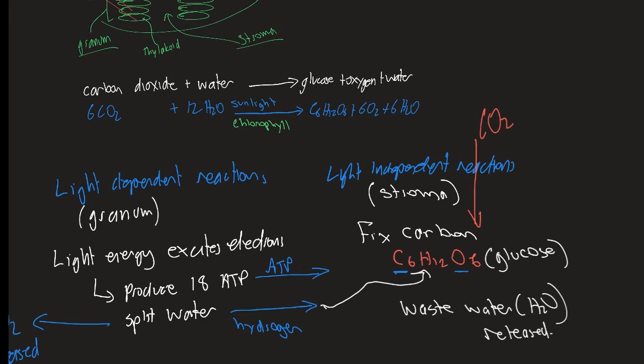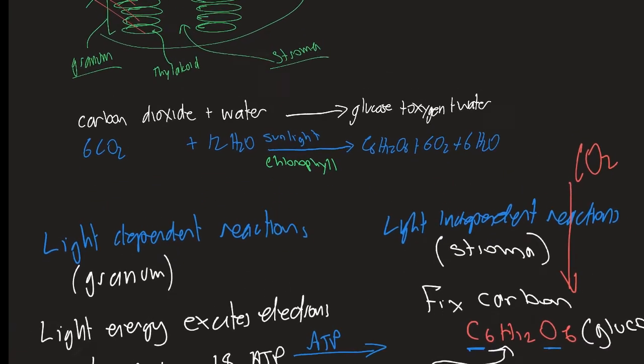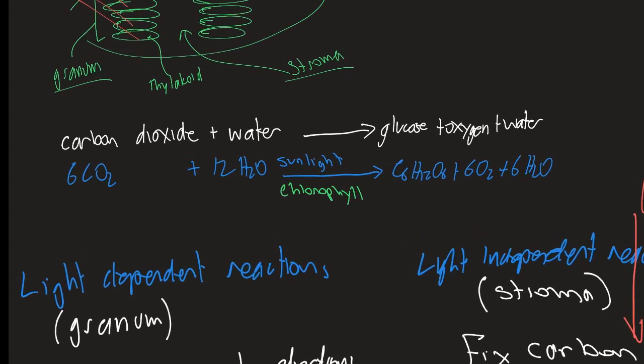Okay, so if we look at the overall reaction again, the initial water input that's required for splitting water, the oxygen is, I guess it's waste, or it's released, and the hydrogens are used to make glucose.